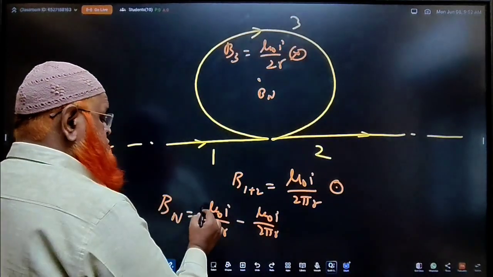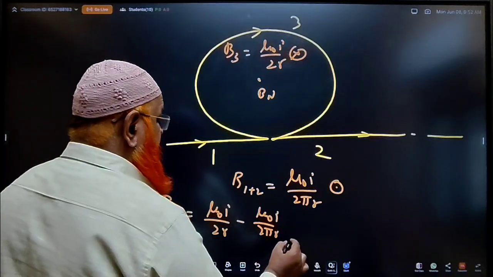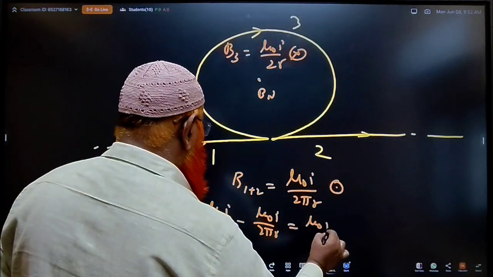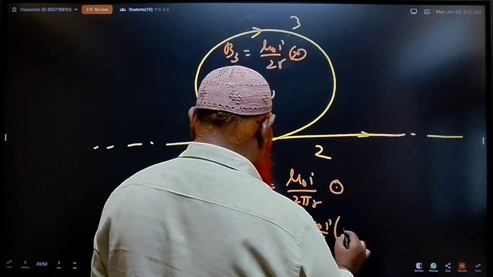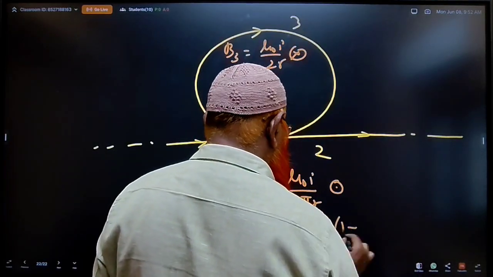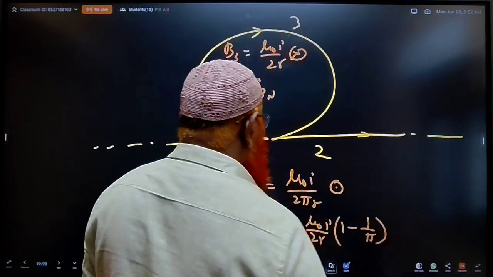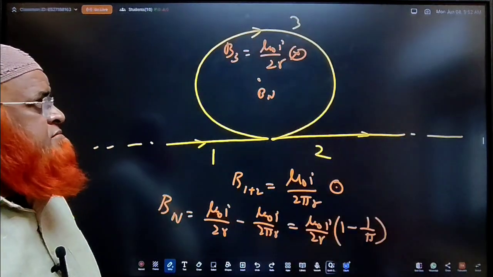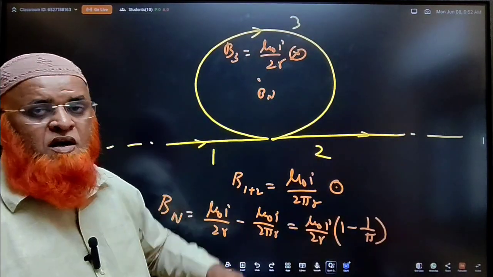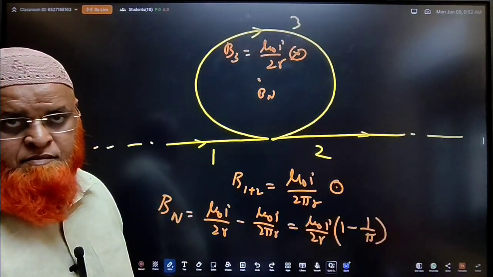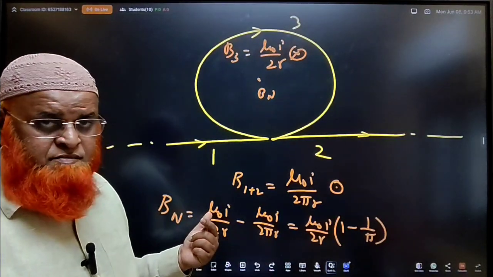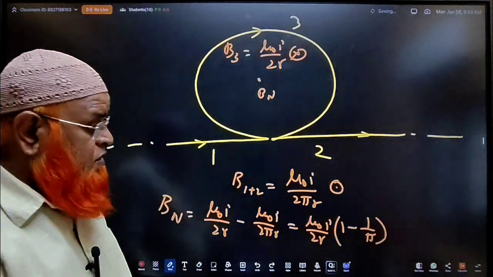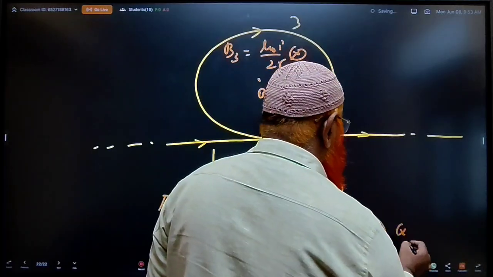The common thing is mu naught I by 2r, and this is 1 minus 1 by pi. So which is dominating, into or dot? The larger one is the dominating one. Which is larger? This is larger. So the final answer is also into.